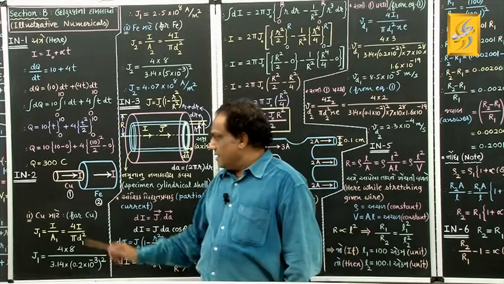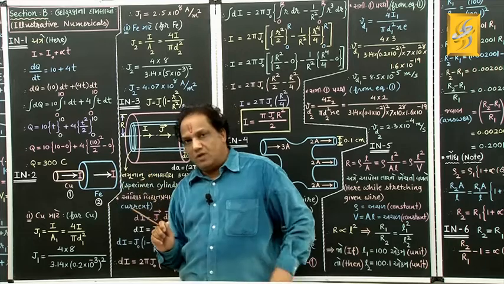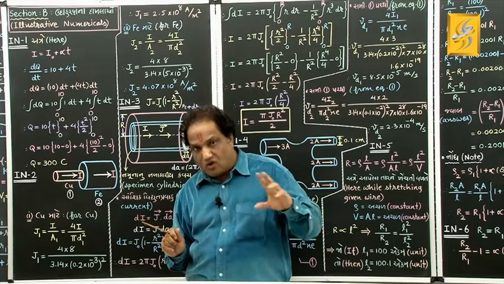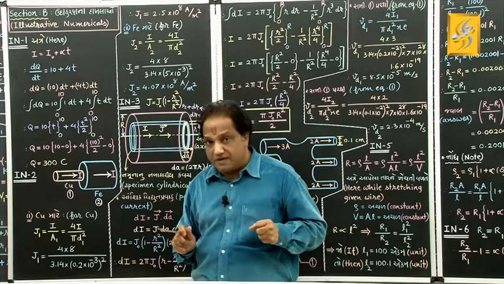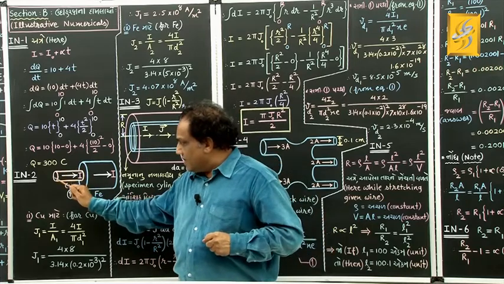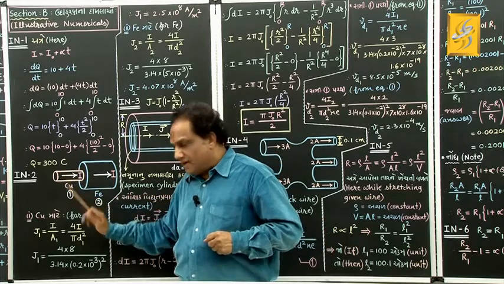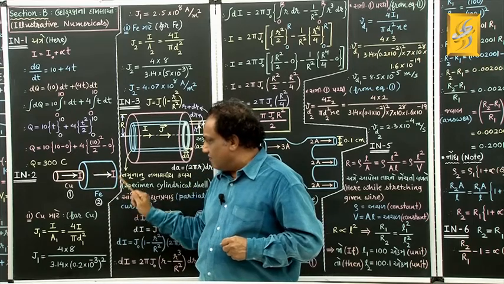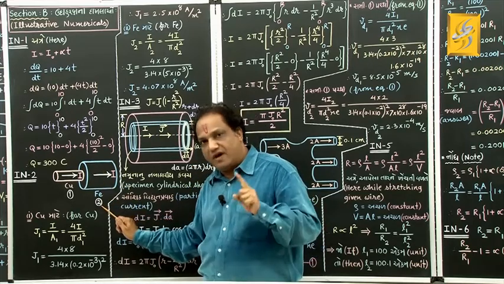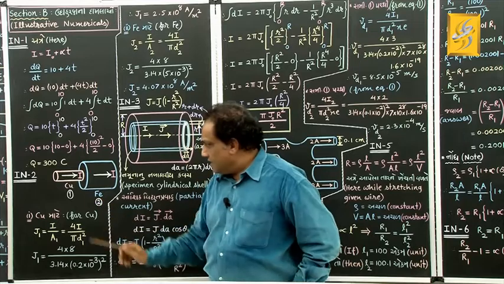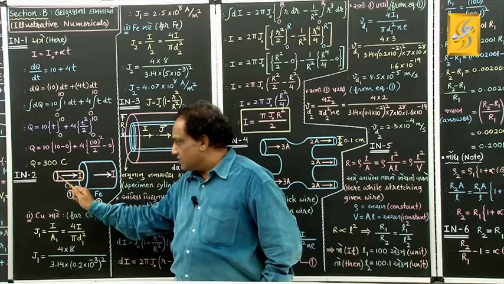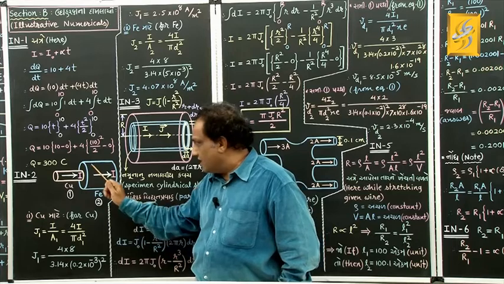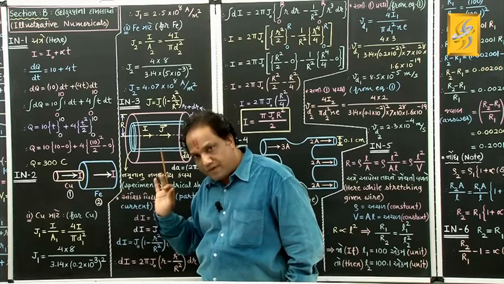Look, they have given two wires connected one after another of different cross sectional area. First wire is made up of copper, let it be wire number 1. Second wire is made up of iron, let it be wire number 2. Copper wire has got smaller cross sectional area and iron wire has got bigger cross sectional area, okay?